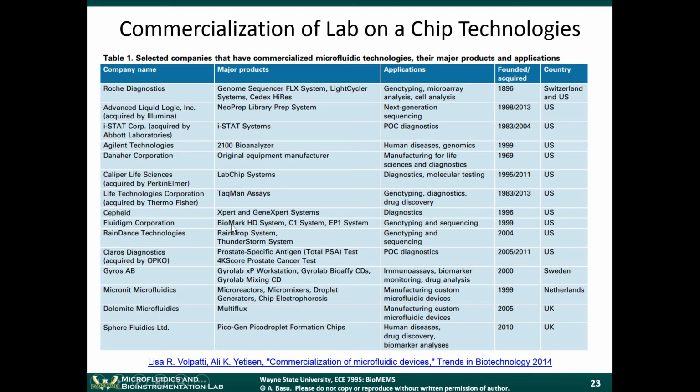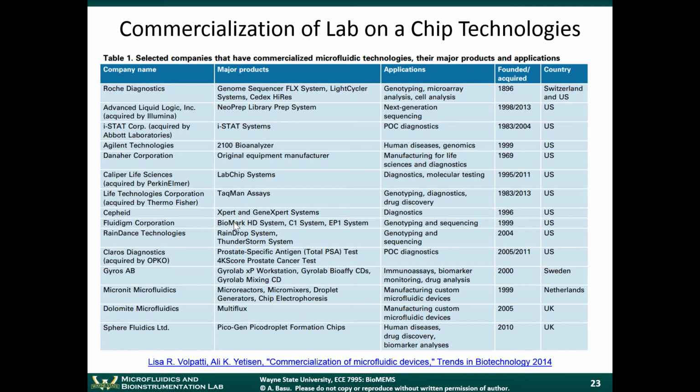Another well-known one is Stephen Quake's company, Fluidigm. They are commercializing those chips that we saw earlier, the very high throughput devices that had thousands of valves on chip, thousands of individual chambers. They're using them for high throughput biology.